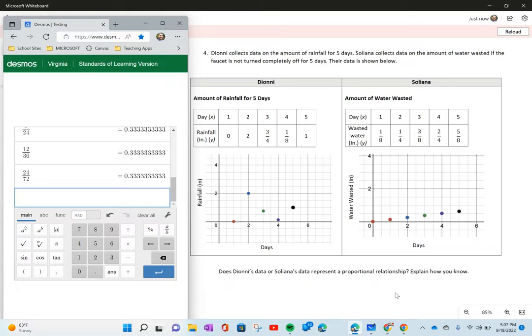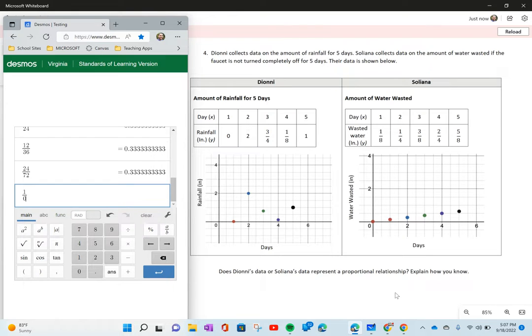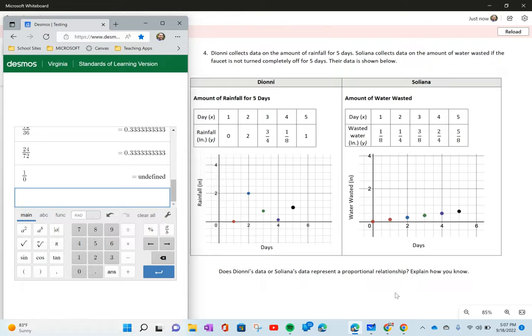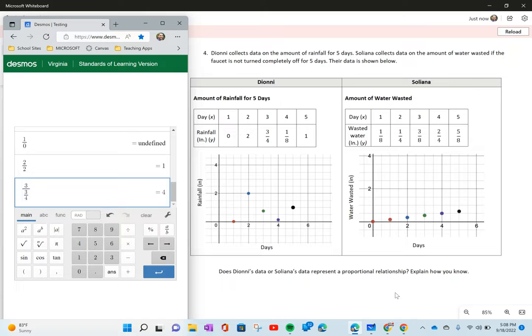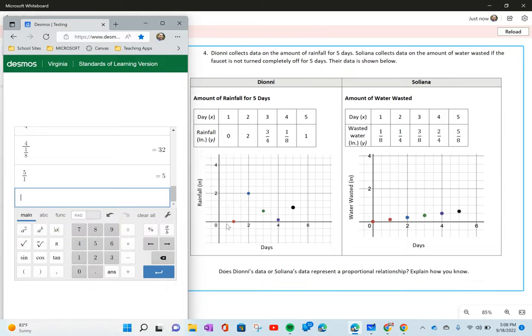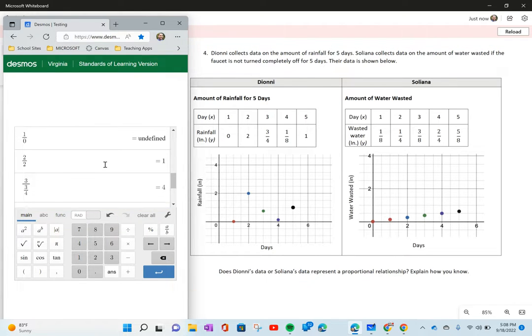So if one does exist, then 1 divided by 0 would be the same thing as 2 divided by 2, and that would be the same thing as 3 divided by 3/4. And that would be the same as 4 divided by 1/8, and 5 divided by 1. So they should all give me the same answer, which I got different answers for every one.